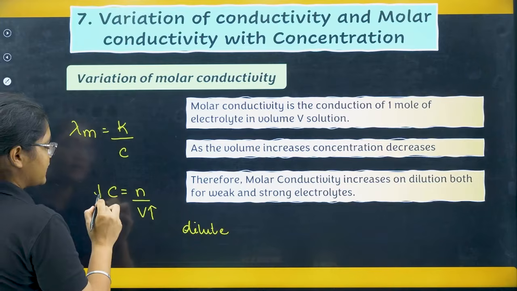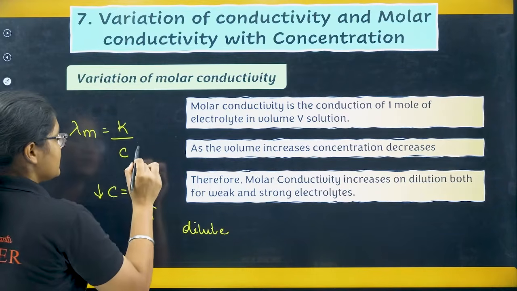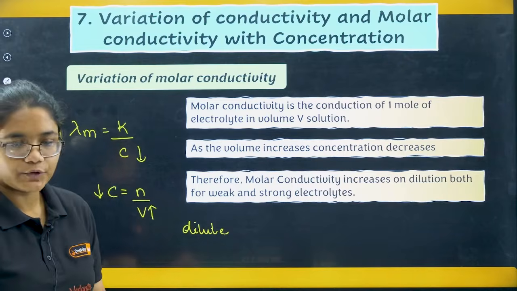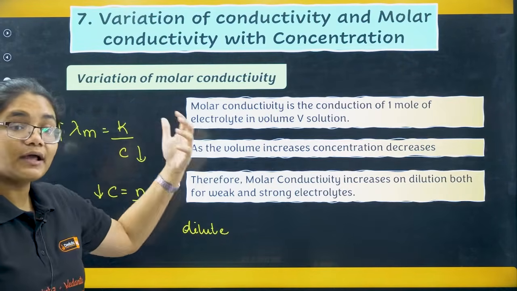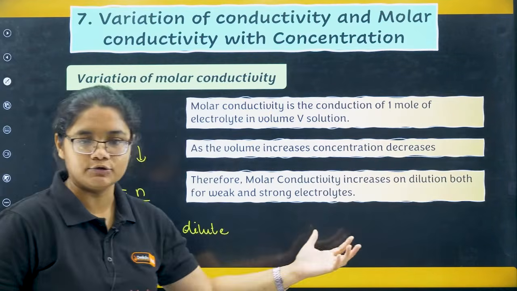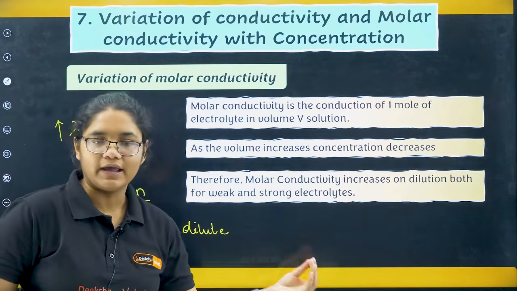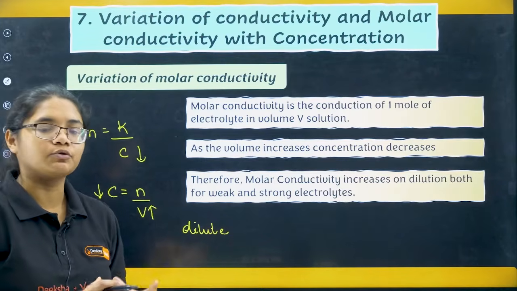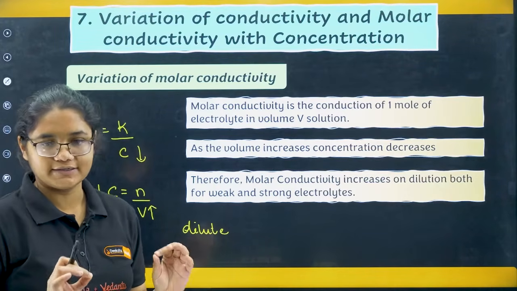If volume increases, I can say concentration will decrease. If concentration decreases, molar conductivity will increase. So kappa, the conductivity, decreases, but molar conductivity increases on dilution, both for weak and strong electrolytes.